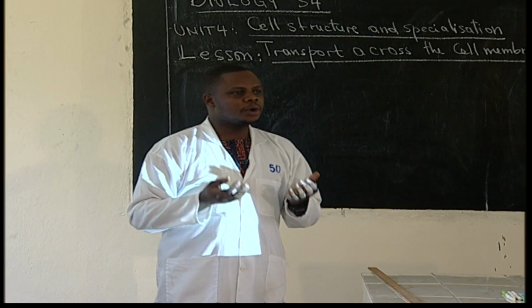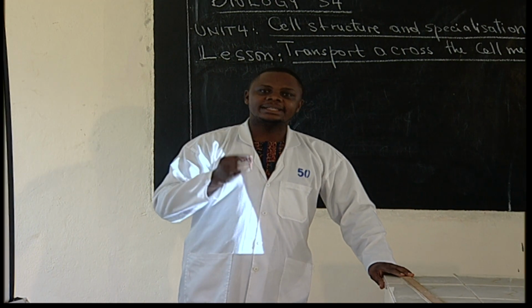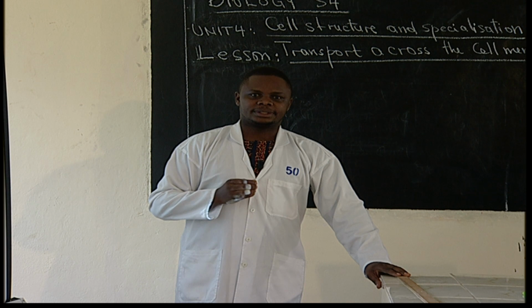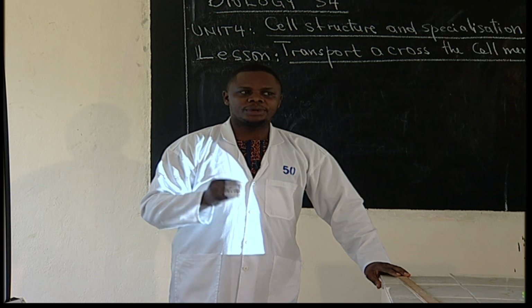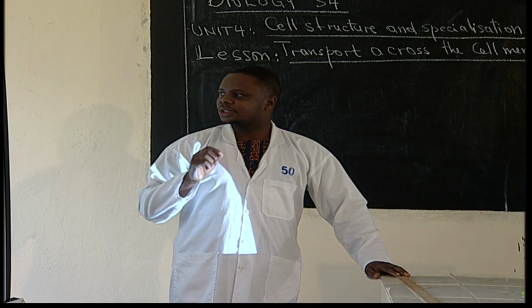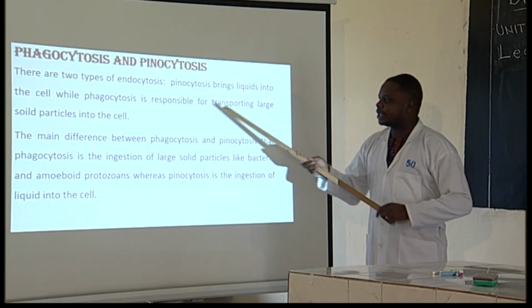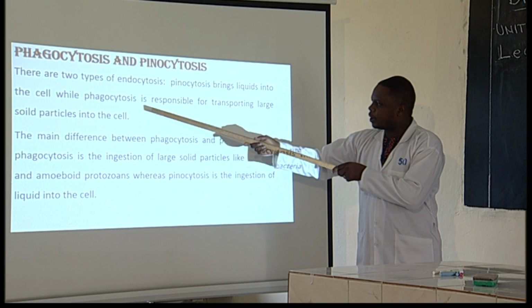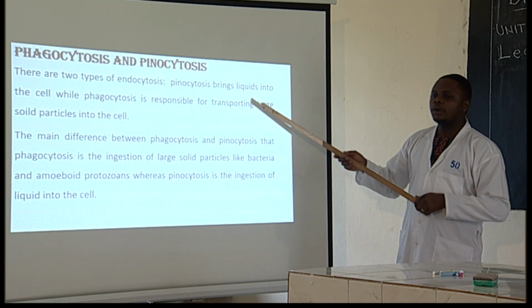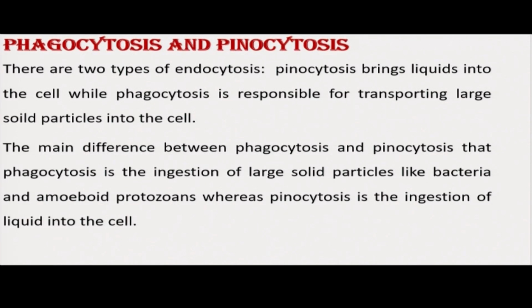When we say phagocytosis, that is what we call cell eating. And when we say pinocytosis, that is what we call cell drinking. Which means pinocytosis brings liquids into the cell, while phagocytosis is responsible for transporting large solid particles into the cell.